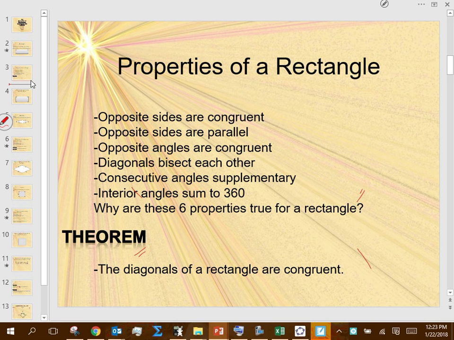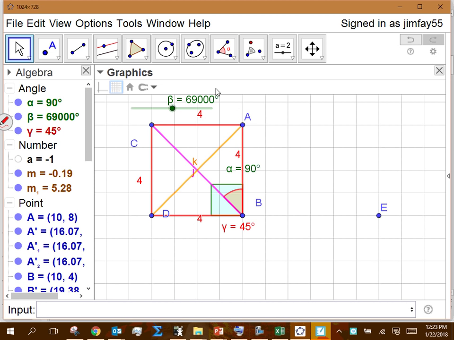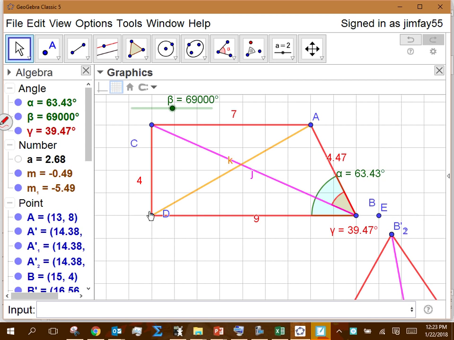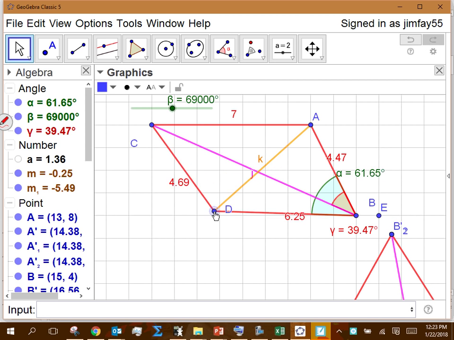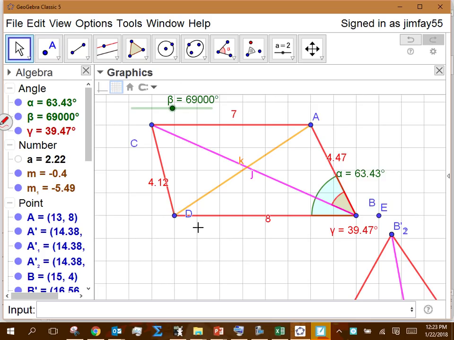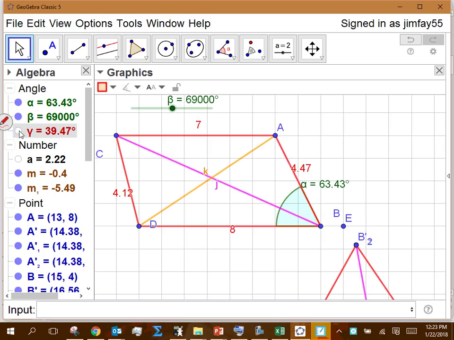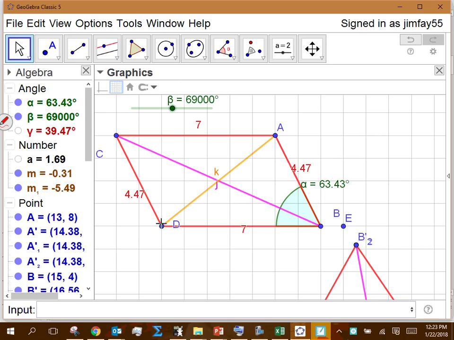So as we look at this, I think I've got a GeoGebra here to provide some insight for us. All right, so if I look at that shape right there, that's just a generic parallelogram, right?